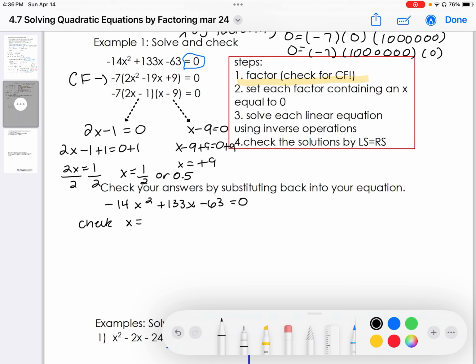I'll do the nasty one first. Do the right side. And remember, sorry, that's left side. Our right side is going to be 0.